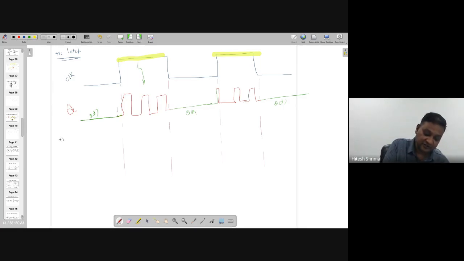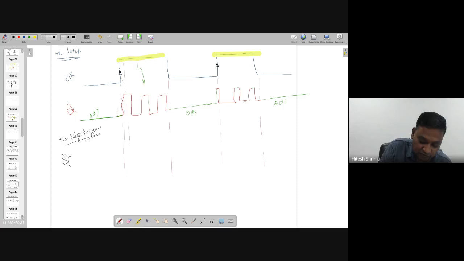But I don't want that in a case of positive edge trigger, or maybe negative edge, but I'm going to talk about the flip-flop which is positive edge trigger. So I have to look at the transition only. At the transition within the setup and hold time, what is going to happen over here?